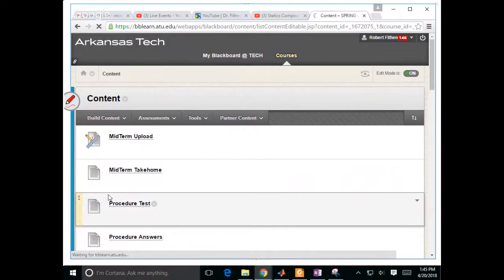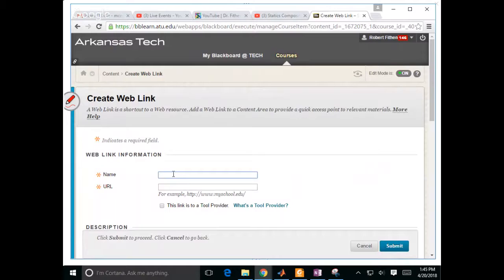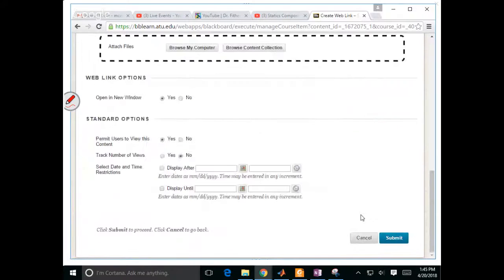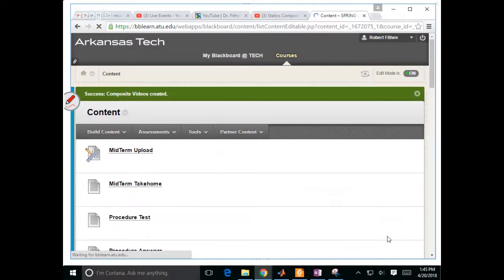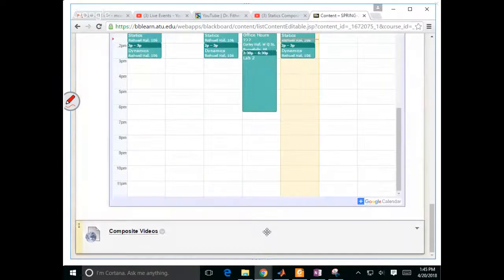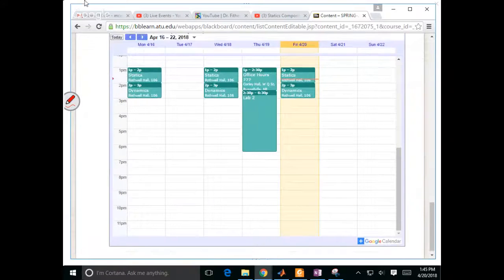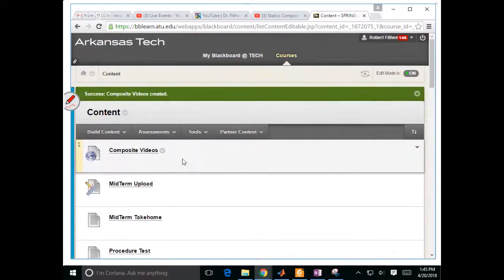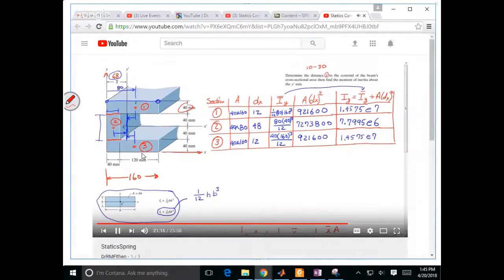Link. Web link. Okay. Deposit videos. Let's see what happens if this works. Okay. So where's all this junk? There's nothing else to do except that. Hit that. Submit. Now go to the bottom. Get the thing off the bottom, because I don't know why they do it, but they put it at the very bottom. And now, if I just click it, it takes me right there.